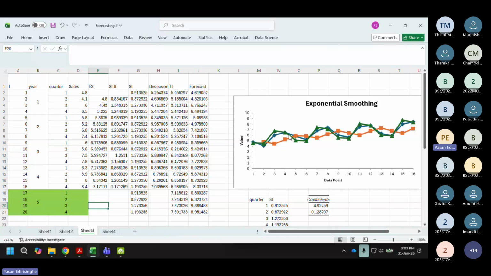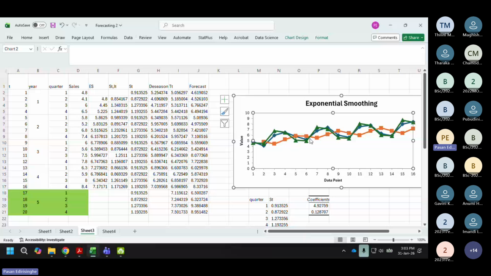Your plot looks like that. The blue one and the green one are the actual and predicted, and you can see they are close to each other.